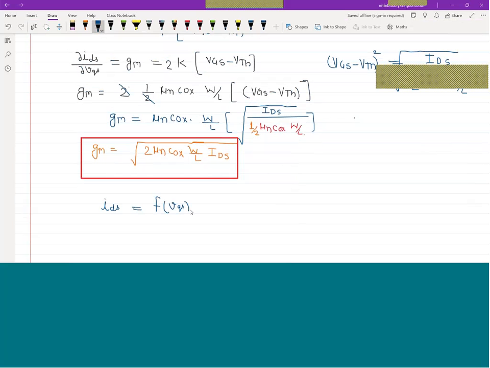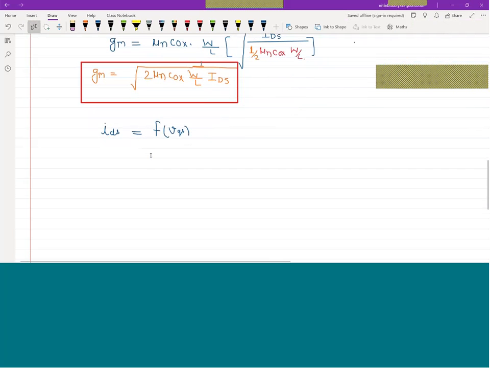Or, to write it better, I can write output voltage VDS can be seen as a function of IDS. So this is the idea for the circuit.